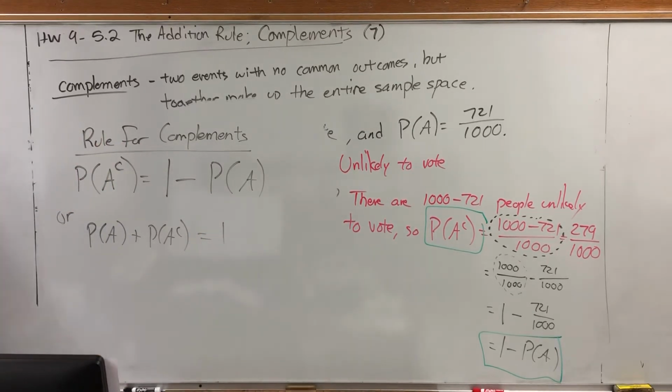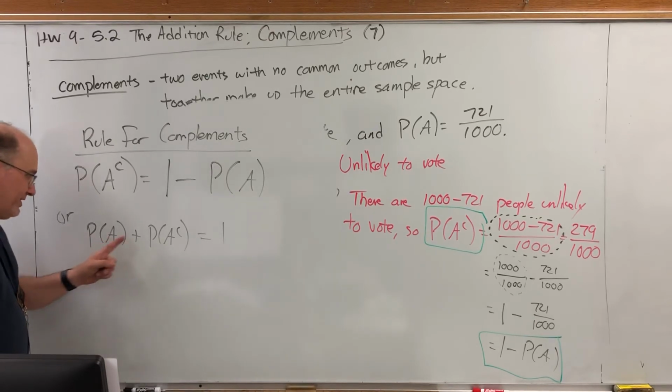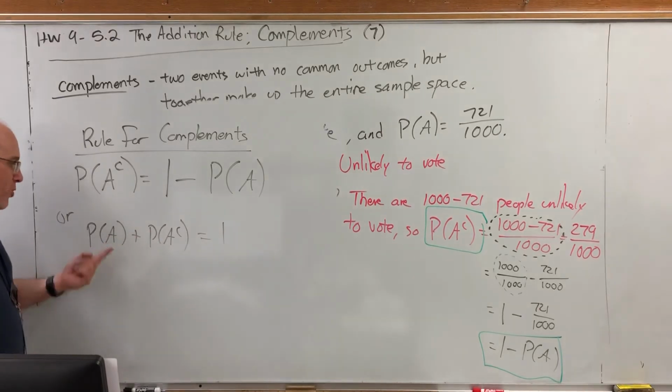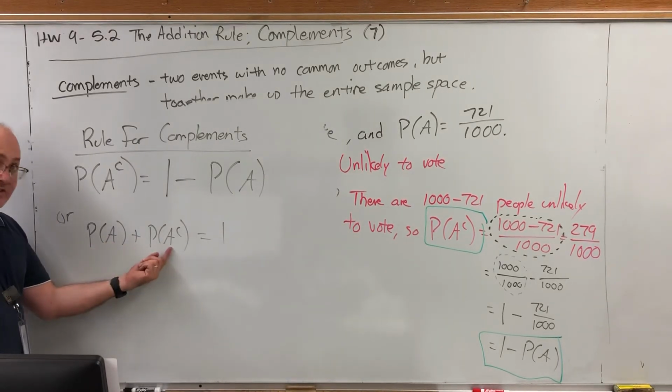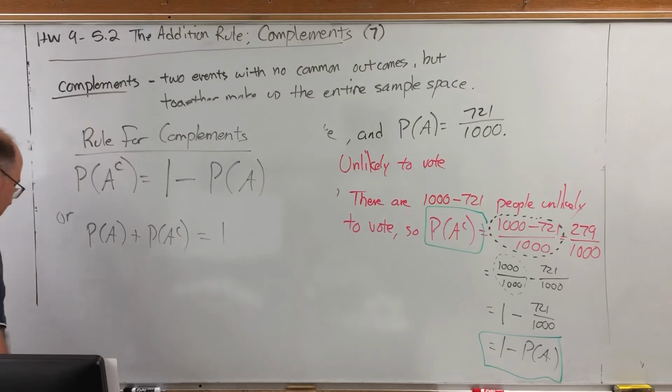Now, why did I want to rewrite it like that? Well, aren't an event and its complement mutually exclusive? Yeah, there's no way something can happen and simultaneously not happen. So they are mutually exclusive.